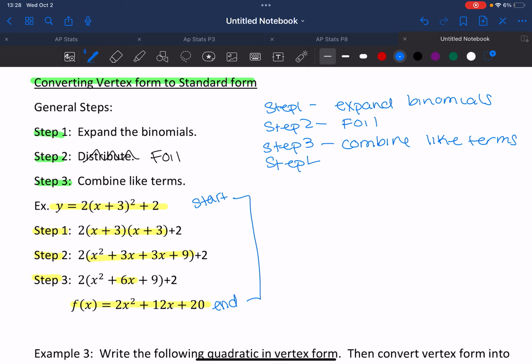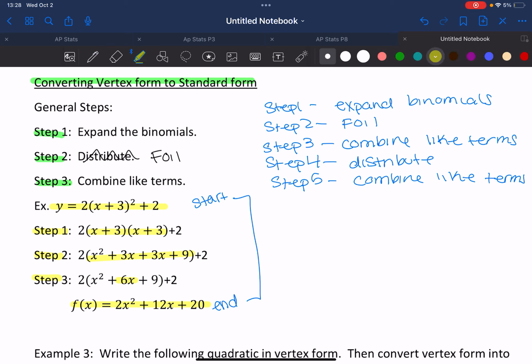Step 4, distribute. And step 5, combine like terms one last time. To me, these steps make a little bit more sense than the steps that are very condensed over here. They still work, but if you're looking for something a little more step by step, I would definitely follow these ones.